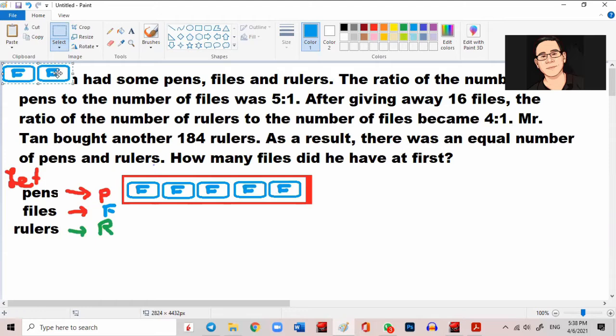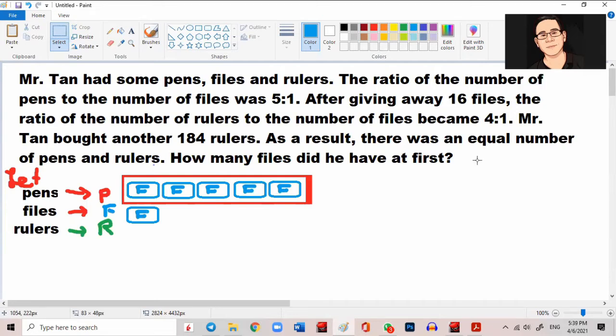So the first step says the files is 1 and the pens are 5. Do you understand this picture? I'm just attempting the first line only, whereby the ratio of the number of pens to the files was 5:1.